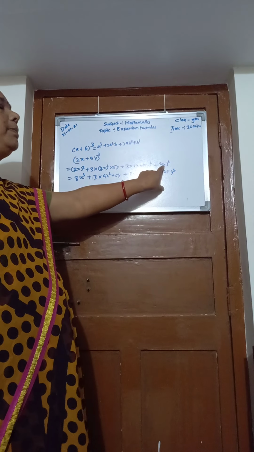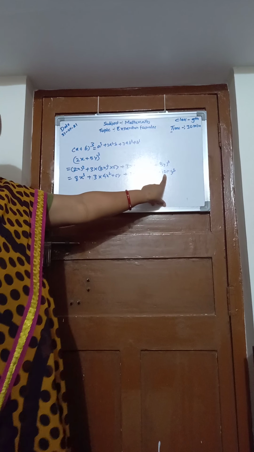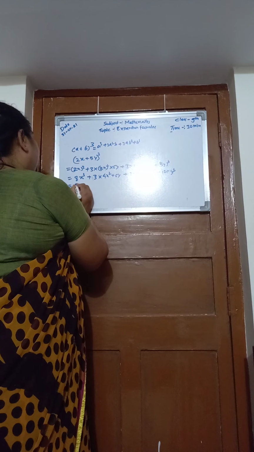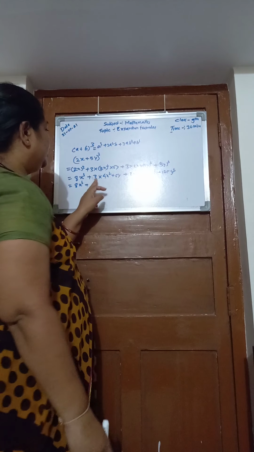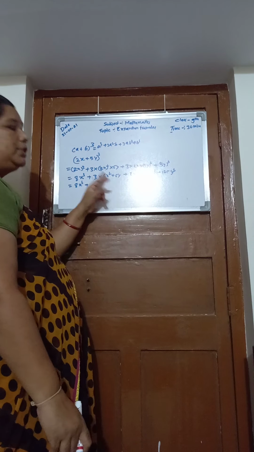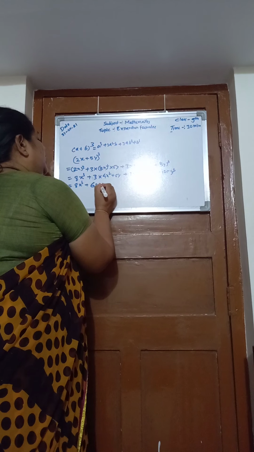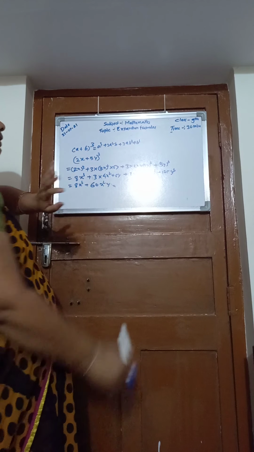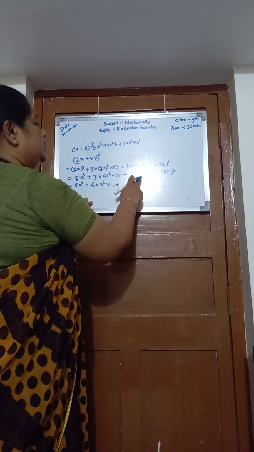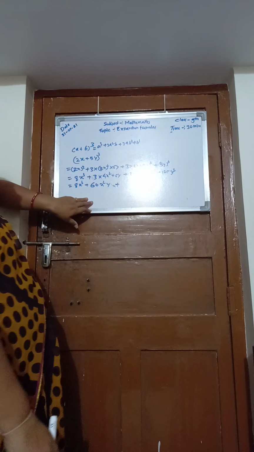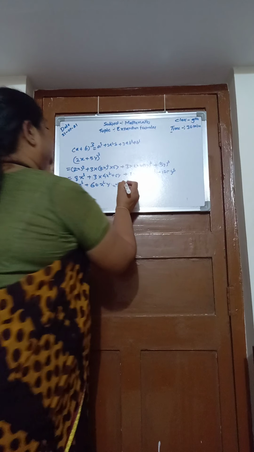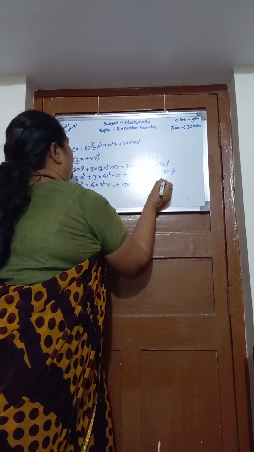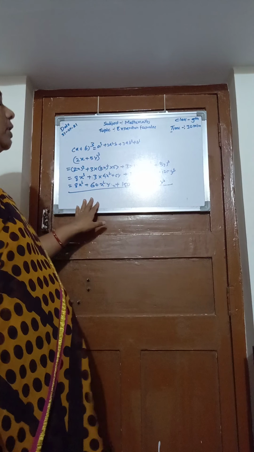Cube of 5 is 125. Then write down 8x cube as it is, plus now calculate 3 fours are 12, 12 fives are 60, 60x square y, plus 3 twos are 6, 6 into 25, 150xy square, plus 125y cube. This is the final answer. Okay, got it up to this?